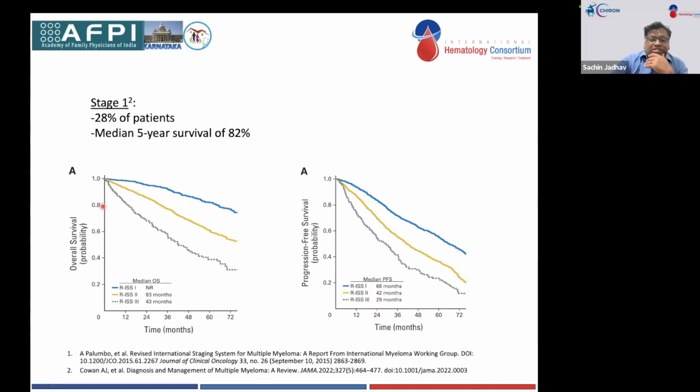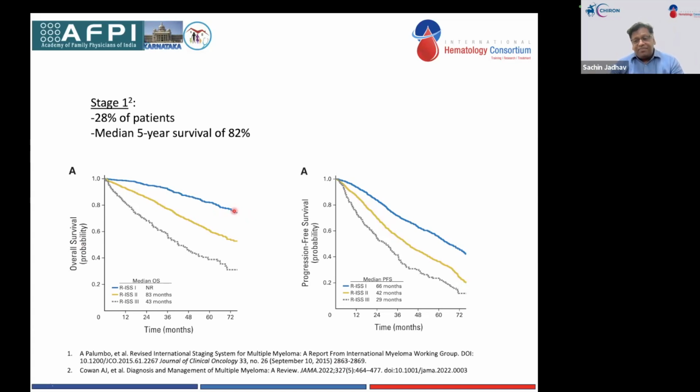Same thing for overall survival. If you are stage 1, you see, even if you follow for 72 months, that means 6 years, still only 20% have relapsed. 20% are dead, 80% are still alive after 6 years. And remember, myeloma is a disease of the fifth and sixth decade.